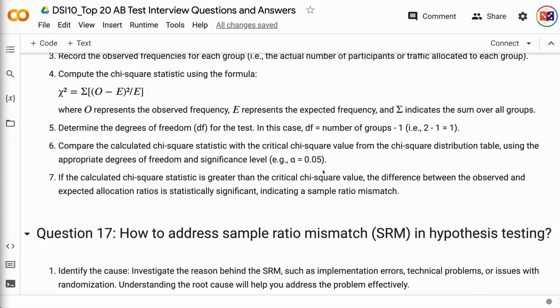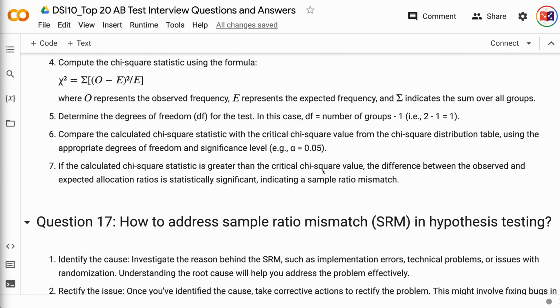Compare the calculated chi-square statistic with the critical chi-square value from the chi-square distribution table, using the appropriate degrees of freedom and significance level. 7. If the calculated chi-square statistic is greater than the critical chi-square value, the difference between the observed and expected allocation ratios is statistically significant, indicating a sample ratio mismatch.